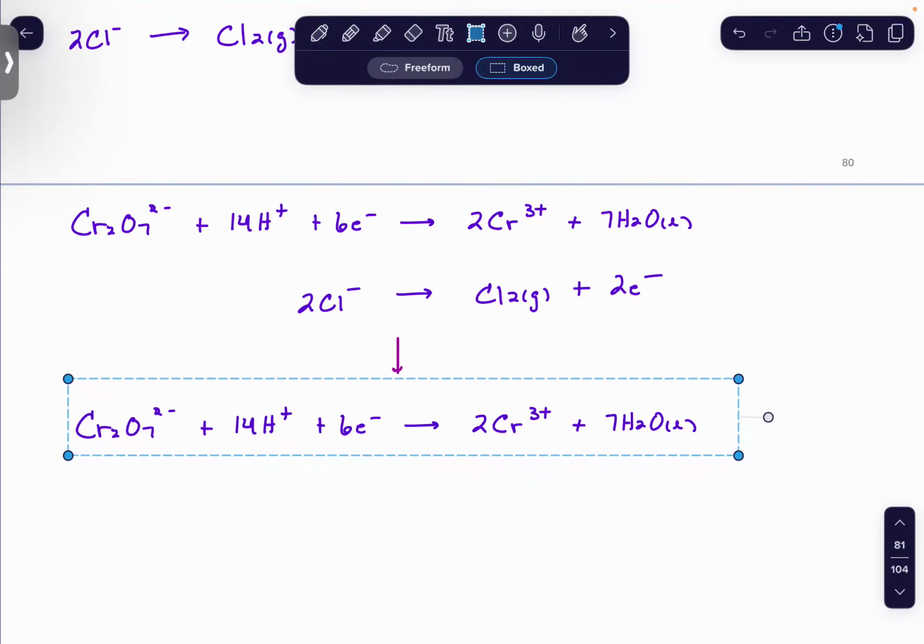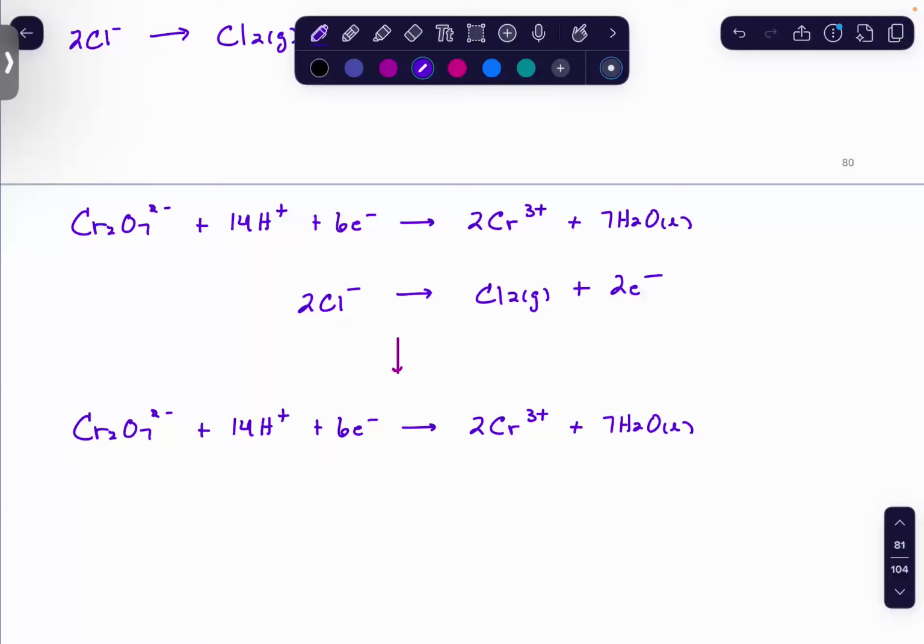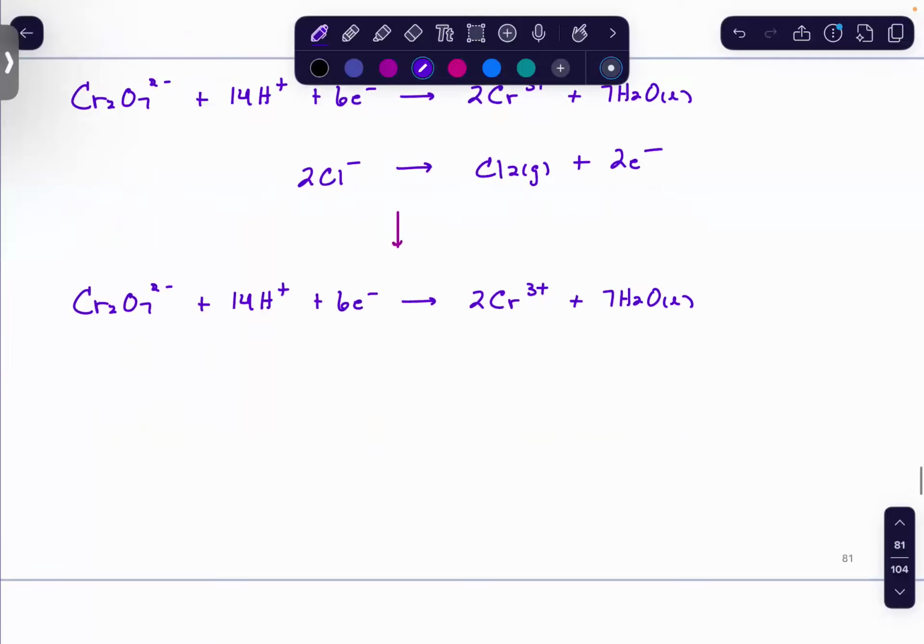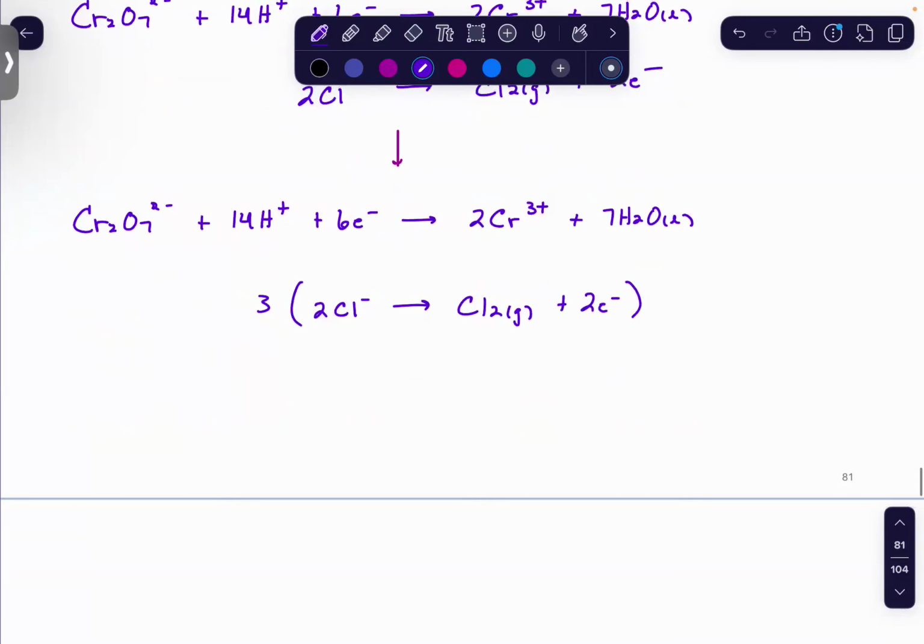I'm just going to bring this equation down. And then I'll need 3. Let's do 2 chlorides, Cl2 gas, 2 electrons, multiplied by 3.